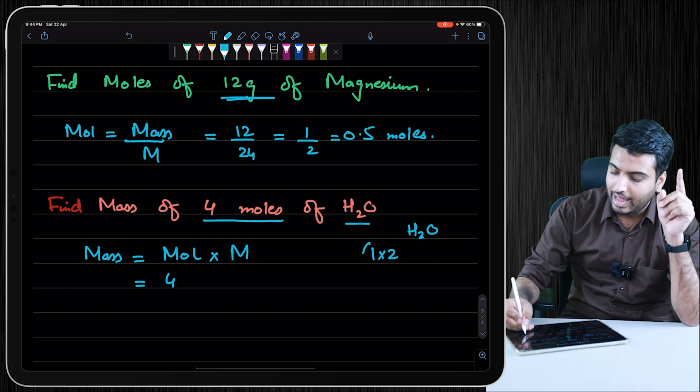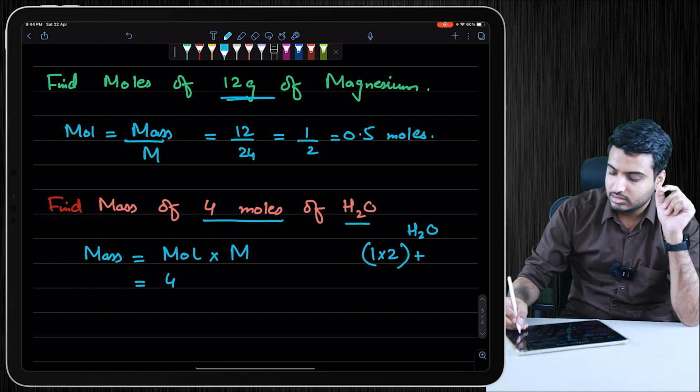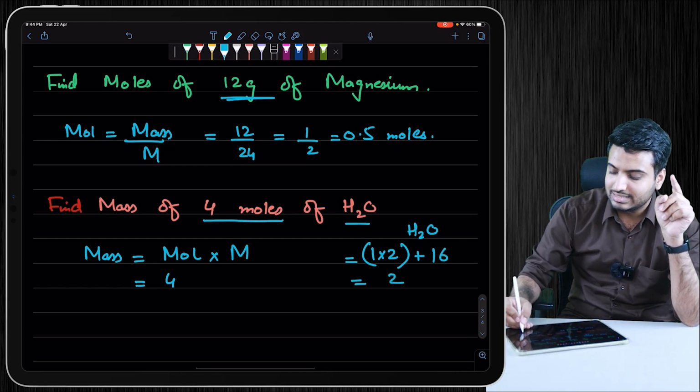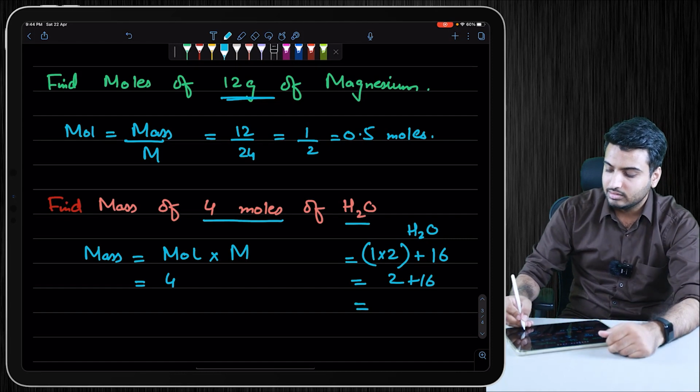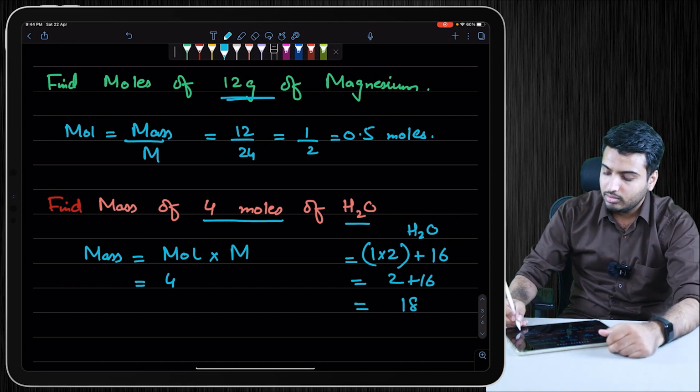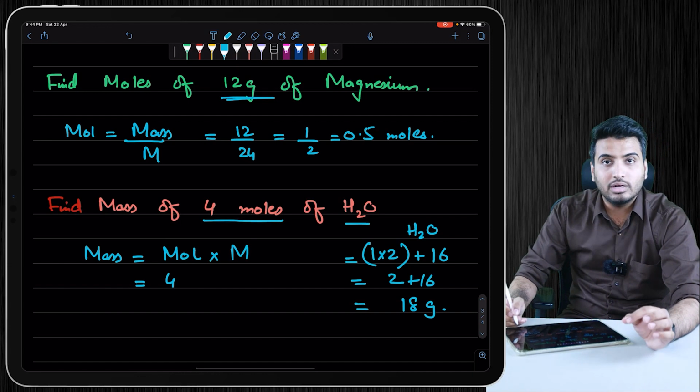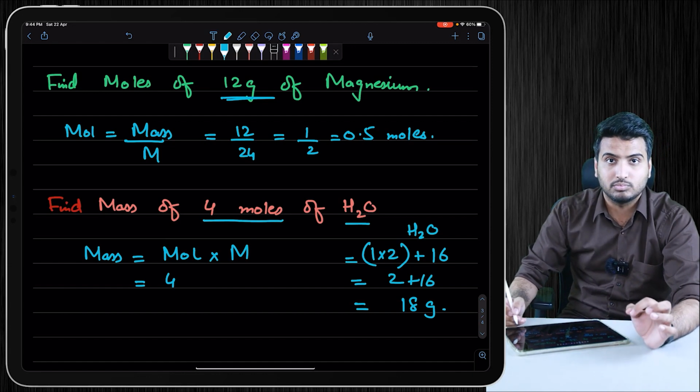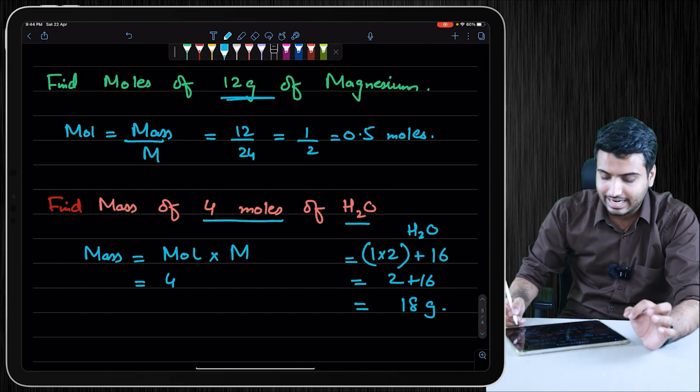As this number is the number of atoms, 1 times 2 is 2, plus oxygen, whose mass is 16, so 2 plus 16 is 18. So the molar mass of water is 18 grams.